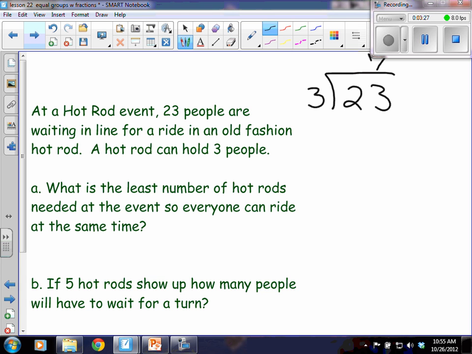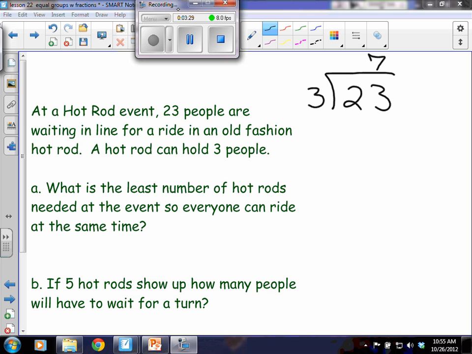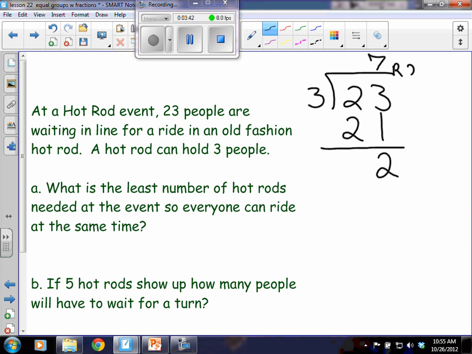All right. And I'm going to move this out of the way so you can see what we're doing. And so 7 times 3 is 21, and we have a remainder of 2 people. However, while we have a remainder of 2, the question says that we want everyone riding at the same time. And so we for sure need the 7, we see that.